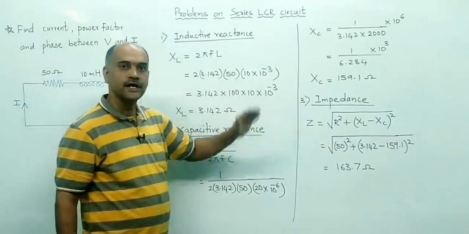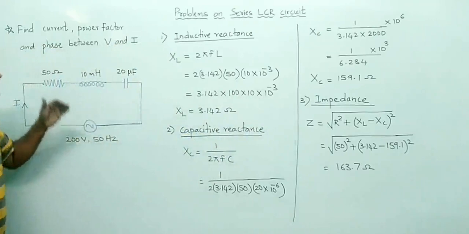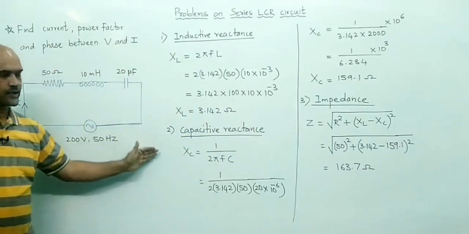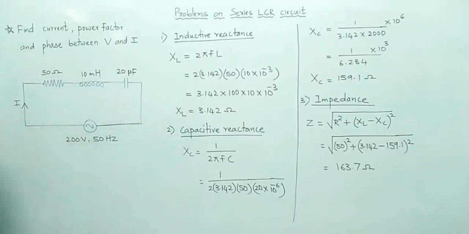Now in the fourth step we will be finding current, power factor and phase. So you can note down the steps, then we will find current.